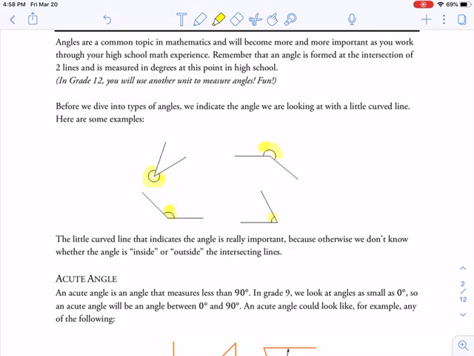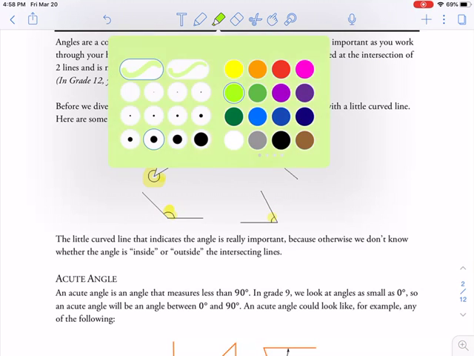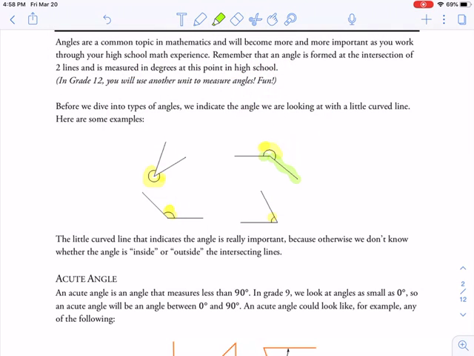You can see that in every angle there are those 2 arms that make up the angle, like here and here, and we never know which side we're looking at, the inside section or the outside section, until we indicate it. That's what we use to indicate that. Okay, so that's the first thing to review.